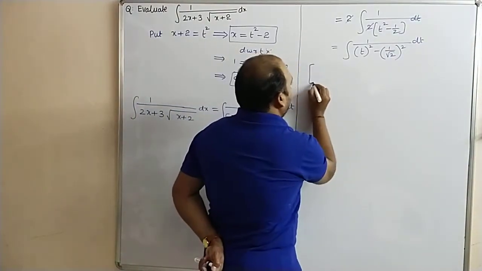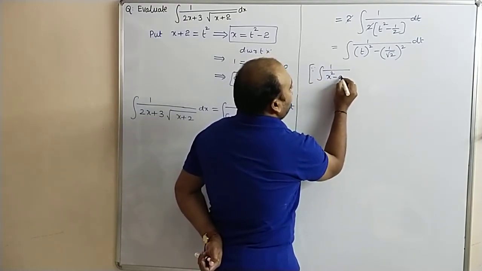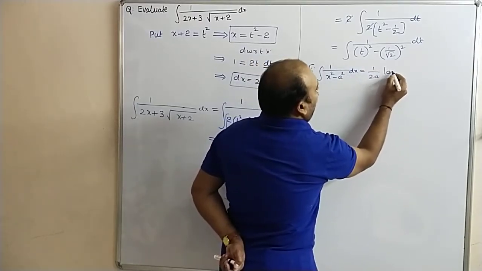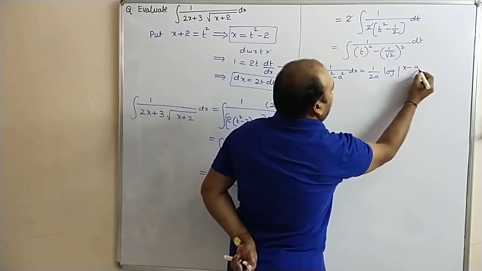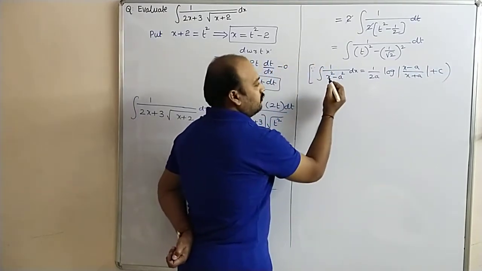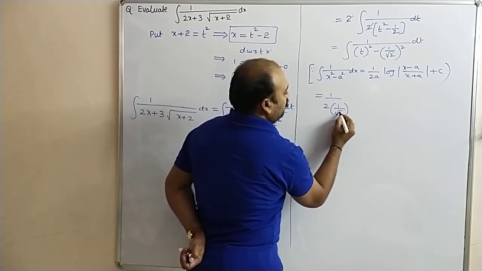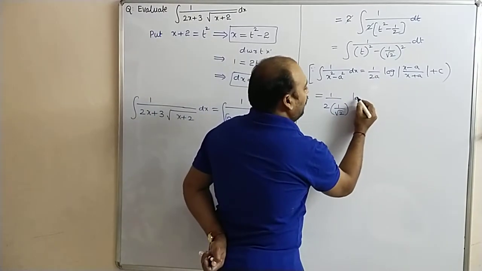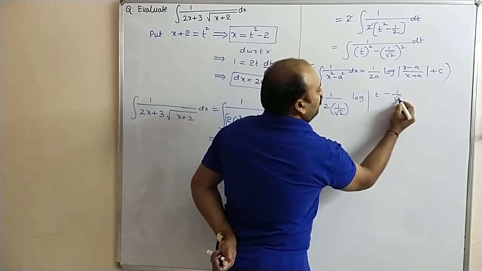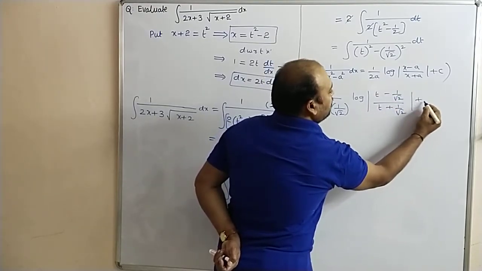We have the formula: integral 1 by (x square minus a square) dx equals 1 by 2a into log mod (x minus a) by (x plus a). Using this formula, 1 by 2 into 1 by root 2, into log mod (t minus 1 by root 2) divided by (t plus 1 by root 2), plus c.